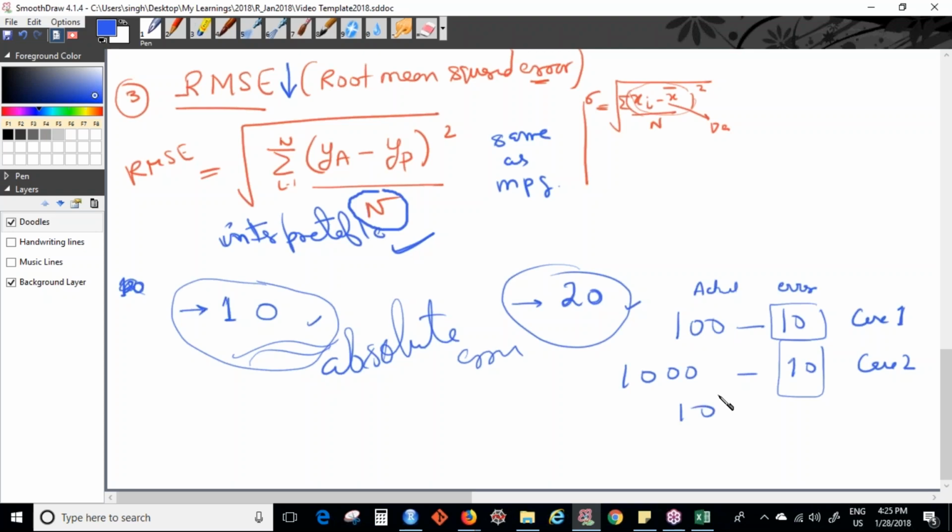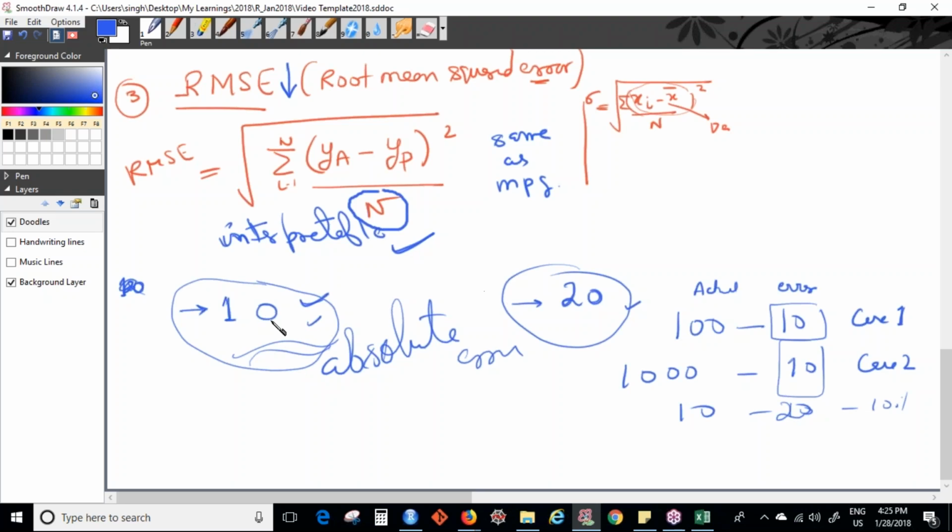What if the actual value was also 10 and your error was also 10? That means your error is 100%, right guys? The actual value was 10 and your error was also 10, so that means you predicted 20. Are you getting the point? Because this is an absolute value, it is very difficult to judge the error based on this.